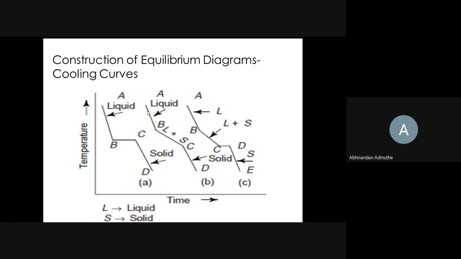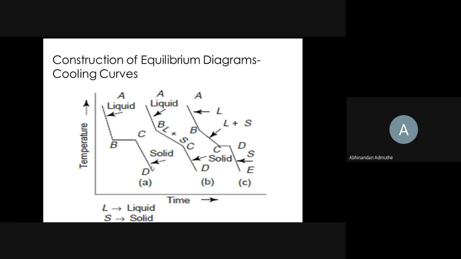Then measure the temperature drop at different time intervals, and you can plot the cooling curve. After getting the cooling curve, find out the liquidus temperature and solidus temperature. The liquidus temperature is the temperature above which the alloy is in liquid state, and the solidus temperature is the temperature below which your system or your component is in solid state.